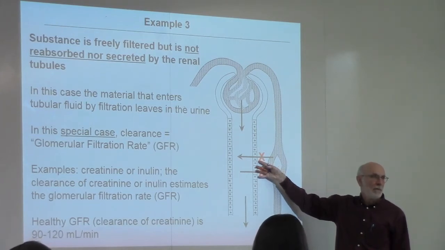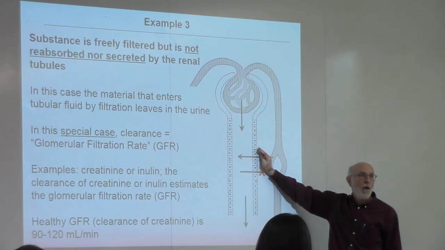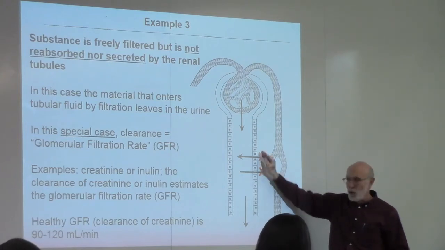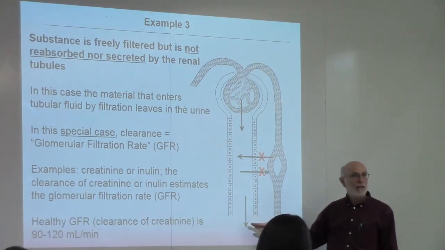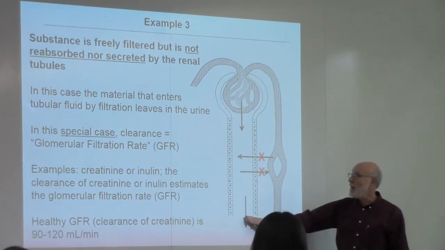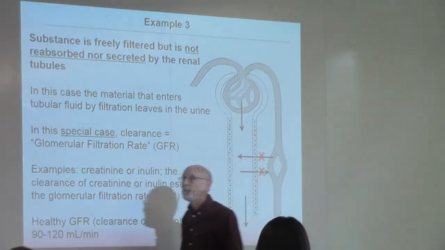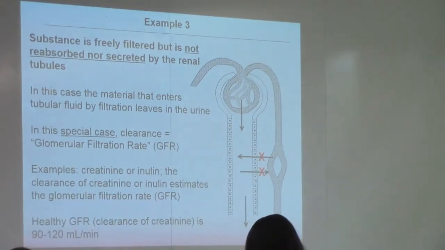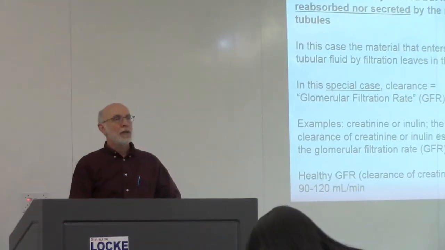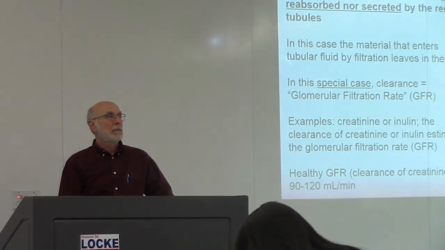So they either don't exist, which is the case for creatinine and inulin, or if they cancel, that would also allow the clearance of that substance to measure glomerular filtration, because the only way it got here was through here. And creatinine and inulin are the two molecules that we use to measure GFR.